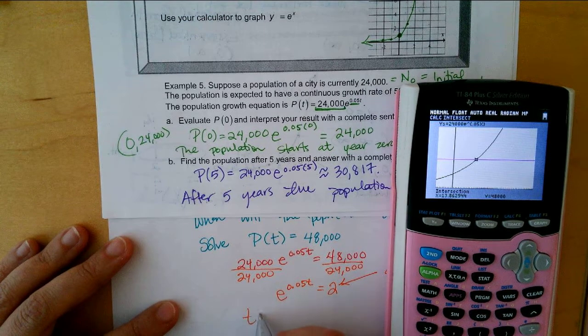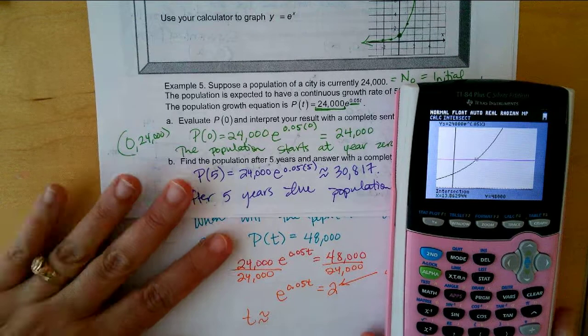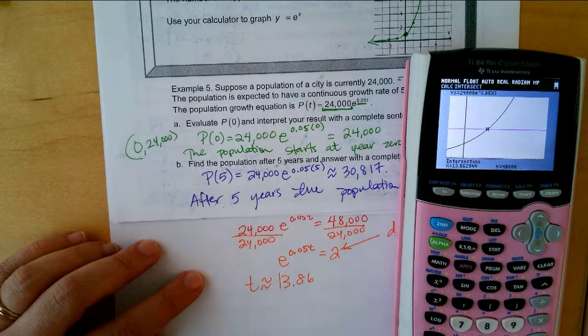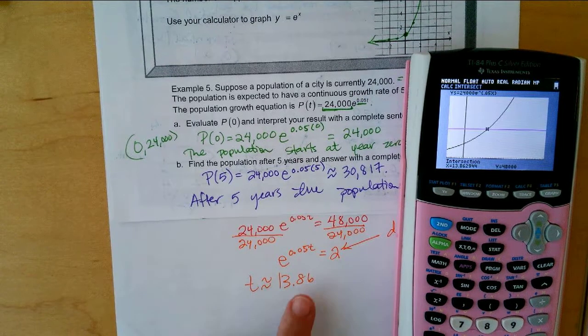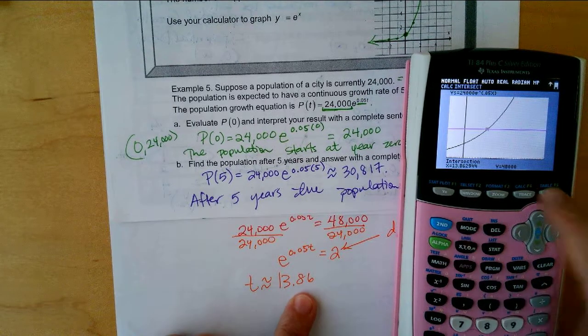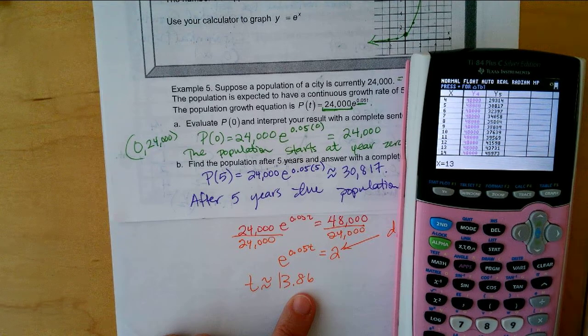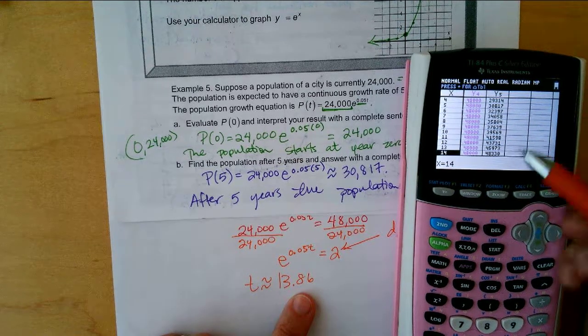So t is approximately 13.86. And if I went back to my table and scrolled down to 13, we should see between 13 and 14, look at that.